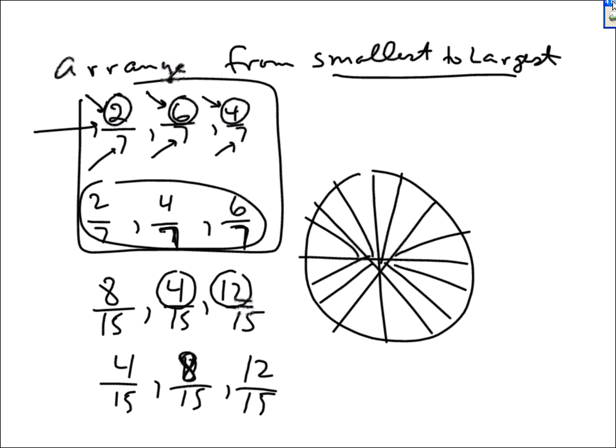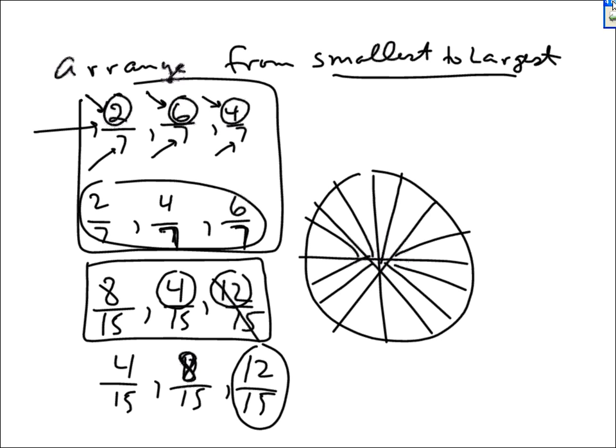I'd rather get 12 questions right out of 15 than 8 questions right out of 15. I at least would like to get 4 out of 15. As my teacher said, these are the 3 grades, 8 out of 15, 4 out of 15, 12 out of 15. Of course I'm going to hope I got 12 out of 15, because that's the largest. Teacher hands back that test, and then you say, boy, oh boy, I hope I got 8 out of 15, because that's the next largest grade.